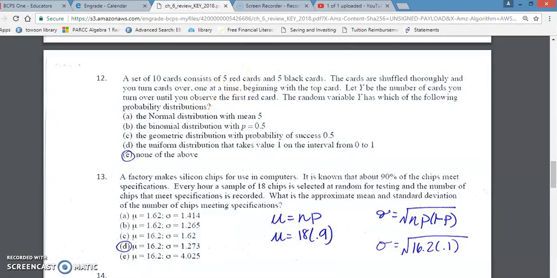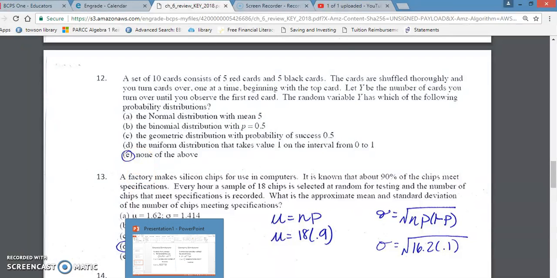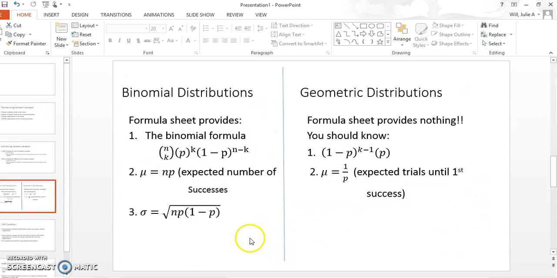But we talked about geometric. We can never accomplish that if we are not sampling with replacement. It doesn't say anywhere that they're replacing the cards. You're just flipping and flipping and flipping. And because it's geometric, we have no chance of checking a 10% condition, so I had to choose none of the above.